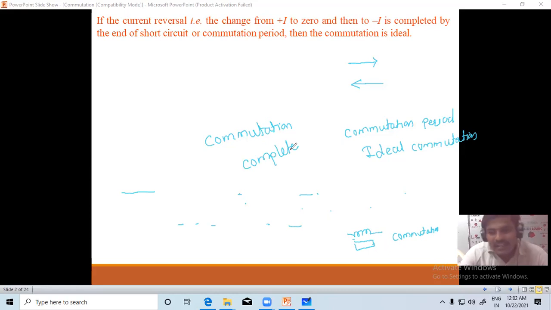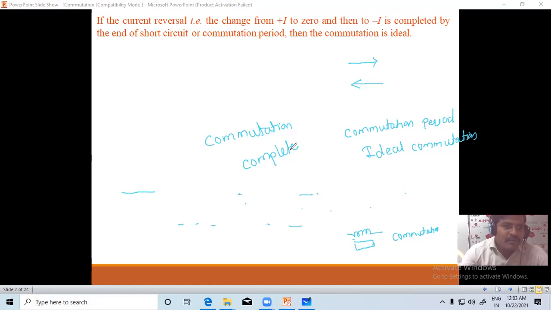So practically it cannot happen, because while the short circuit happens, there is some sparking. So this is the practical difficulty, that the sparking occurs. And due to sparking, unequal current will be flowing, unequal current त्याच्यामधून फ्लो होतो का तर स्पार्किंग फॉर्म झाल्यामुळे. So this process is nothing but practical commutation. ओके, दिस इज नॉट आयडियल. आयडियल कधी म्हणू शकतो आपण?